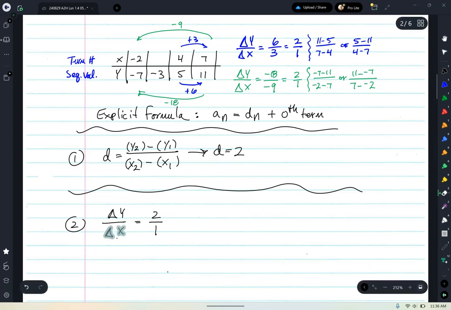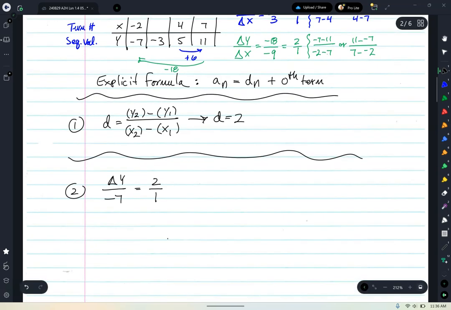So let me change this down here to 7 steps back. I'm starting with the 7th term and taking 7 steps back to get to the 0th term. Now I can use a little cross multiplication to solve this proportion, because I've got 3 things that I know.